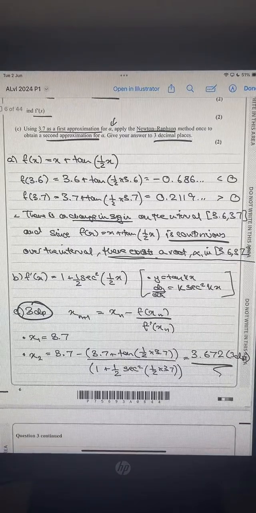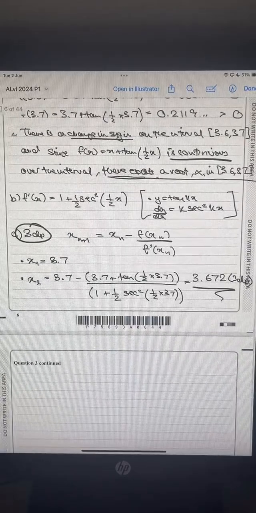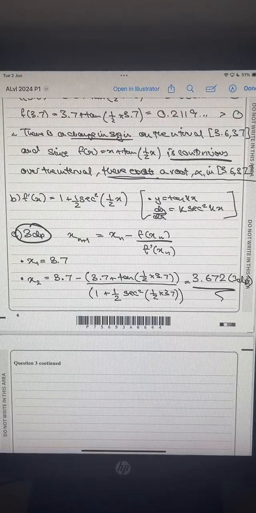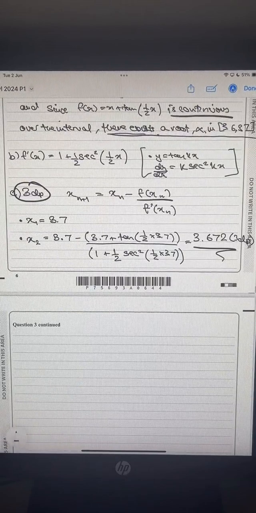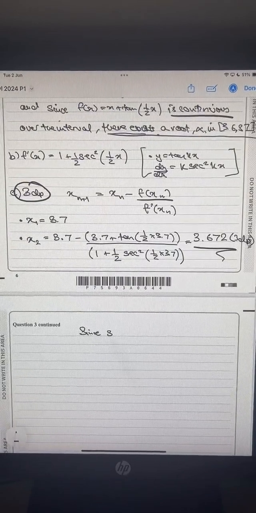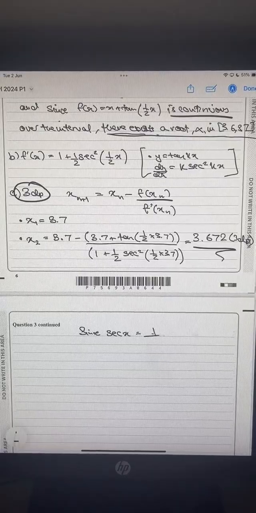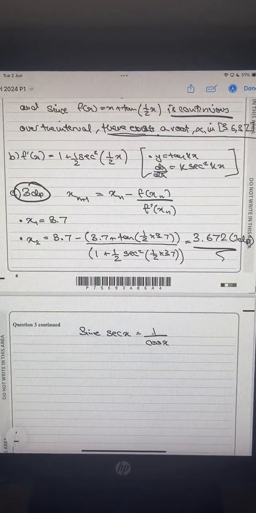Now, the thing I want to point out here, which is an underrated thing, kind of, is how do I actually write sec squared in my calculator? Because I don't actually have that. Well, we know that since sec of x is equal to 1 over cos of x, I'm just going to write it out explicitly for you guys. This is what I typed for my denominator.